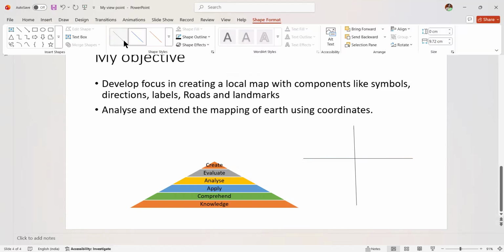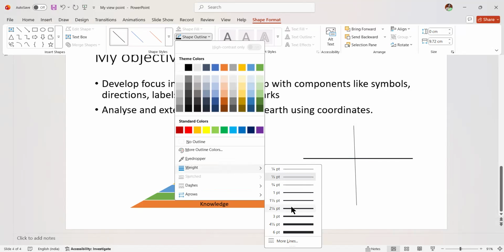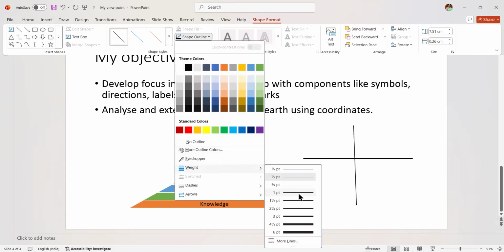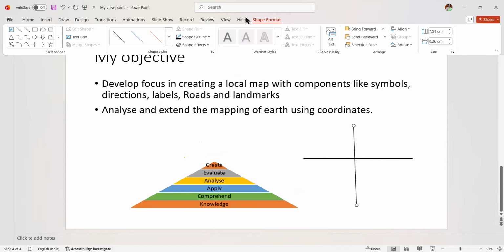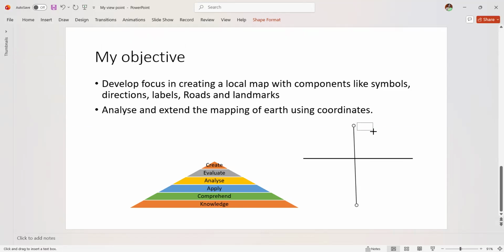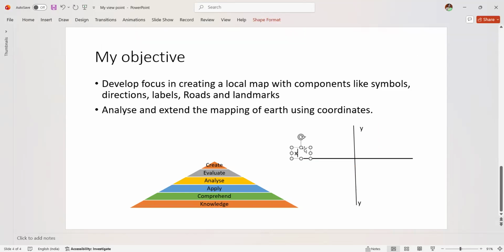I think all of you are aware of what this is. Now, we know that this is the y-axis, and this becomes the x-axis.